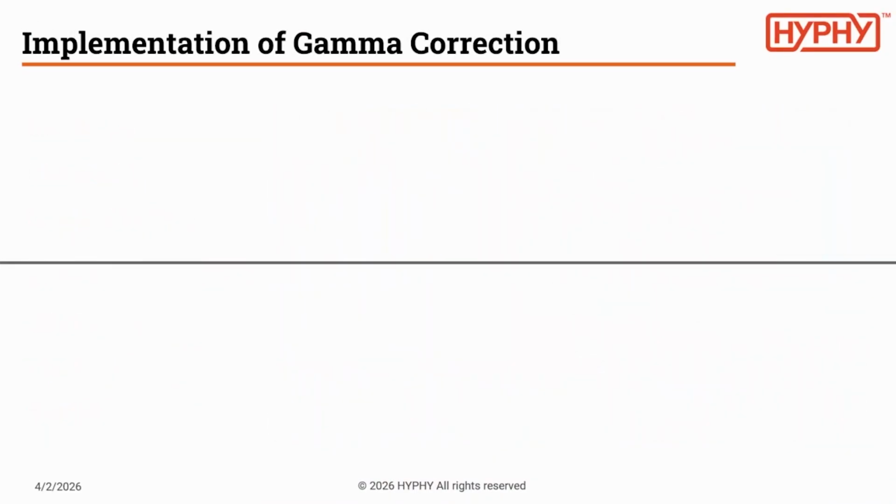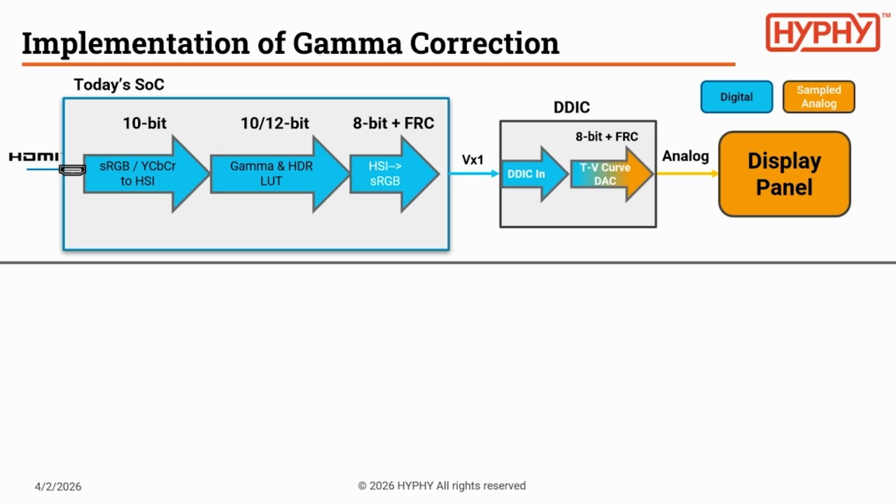Also, we do a much better electro-optic transfer function handling. As you see here, until now, what you have is a 10-bit input into the video system, because a video source has 10-bit resolution, but then we need to process. We need to do gamma correction, HDR mapping, lookup table for all sorts of image corrections.